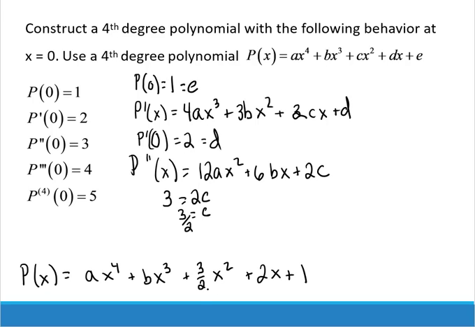My third derivative is 24ax plus 6b. This is the third derivative; I said fourth derivative earlier. That is equal to 4 when x equals 0, so b equals 4/6.